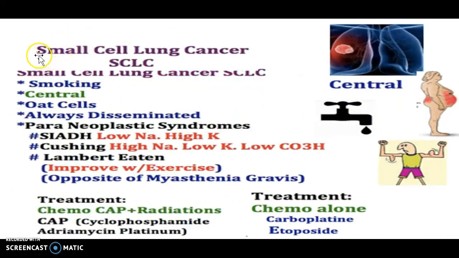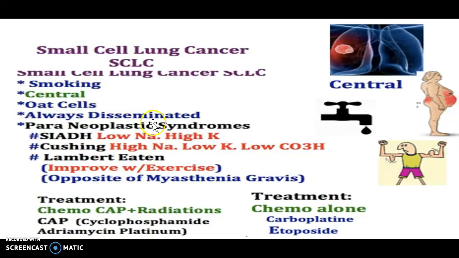Now looking at the second major category of lung cancer, small cell lung cancer, also related to smoking. It's a central type cancer characterized by oat cells, and it's always disseminated, meaning that the cancer cells are found outside the primary site, so outside the lungs.